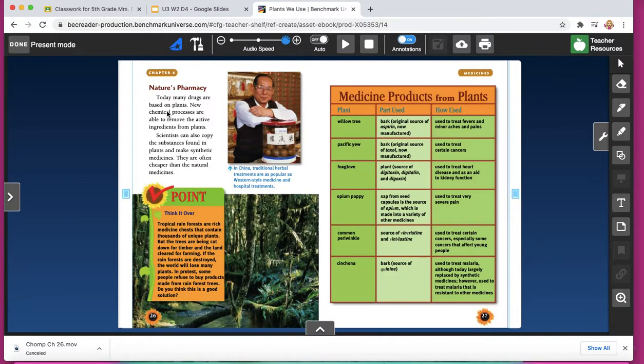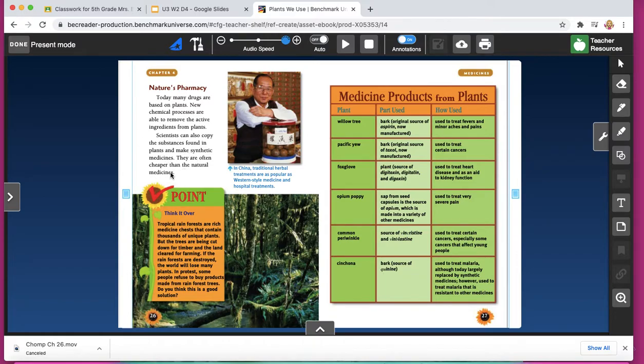It says Nature's Pharmacy. Today, many drugs are based on plants. New chemical processes are able to remove the active ingredients from plants. Scientists can also copy the substances found in plants and make synthetic medicines. It's right there. They're often cheaper than the natural medicines.